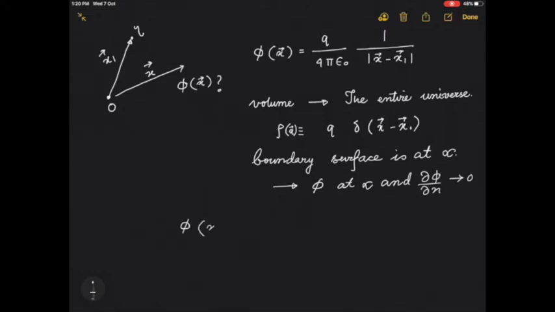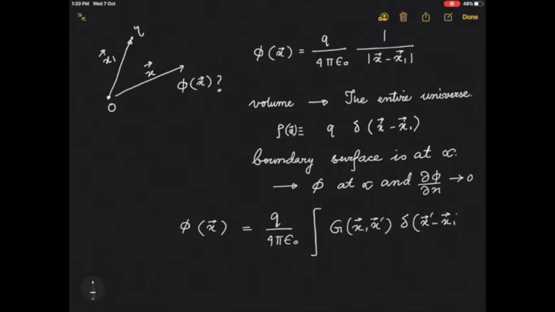So what is the solution using the Green's function? It is 1 by 4 pi epsilon naught, integral of g of x, x prime, and rho at x prime, which is q, which can come outside, times the delta function of x prime minus x1, d cube x prime.